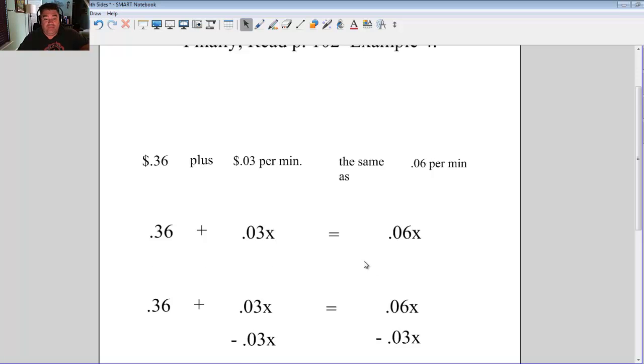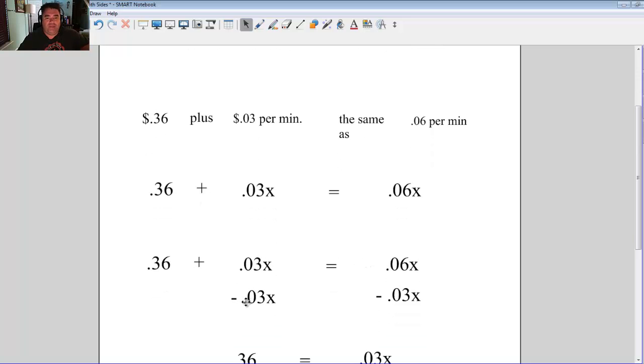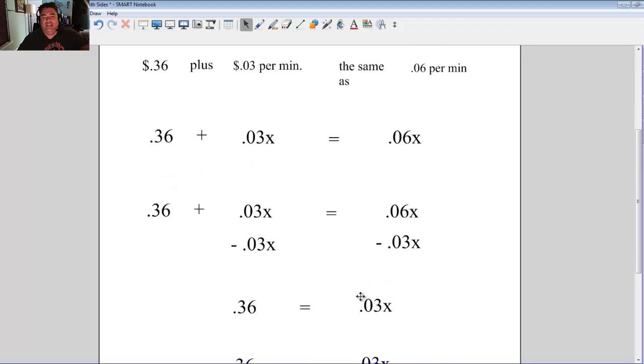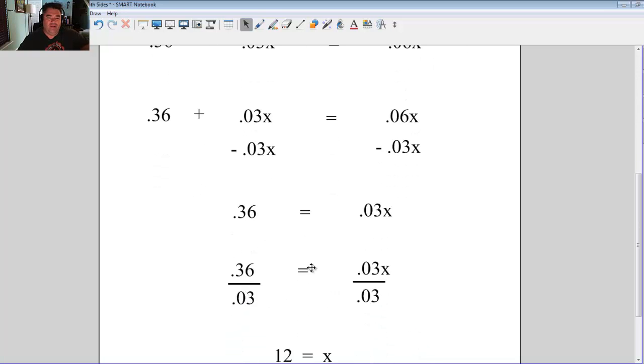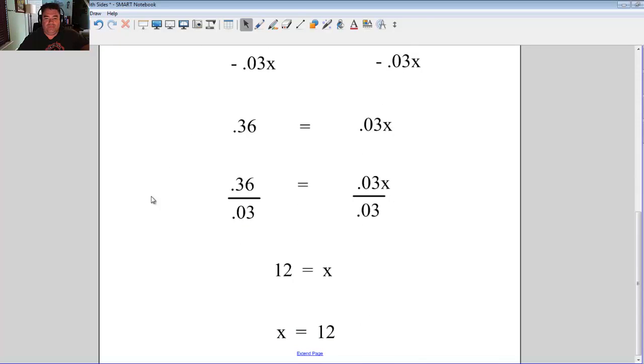Either way is fine. Anyway, minus 0.03x minus 0.03x, these cancel, leaving 0.03x and leaving this as 0.36. And then instead of times 0.03, we're going to divide 0.03 to this side and then this side. Divide them both, and I get x equals 12. And that's it.